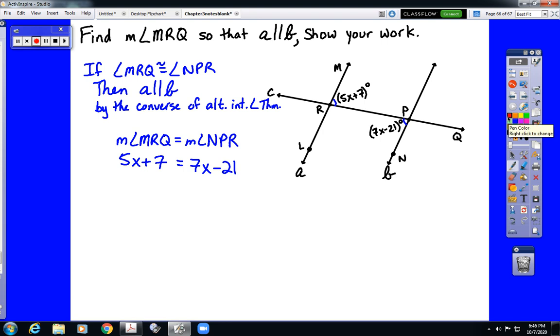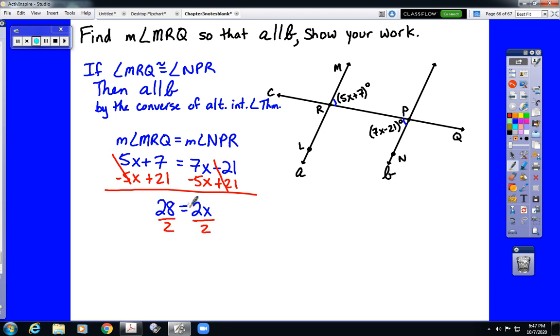We need x in order to state what value we have for the measure of angle MRQ. So to solve that, we would move the x to one side by subtracting 5x from each side. While we're at it, we're going to add 21 to each side so that we isolate our variable. That gives us 28 equals 2x. Then we will divide each side by 2, which would give us 14 equals x.